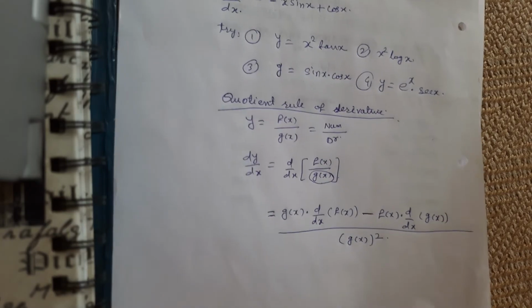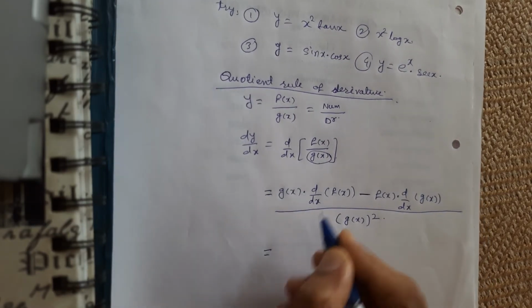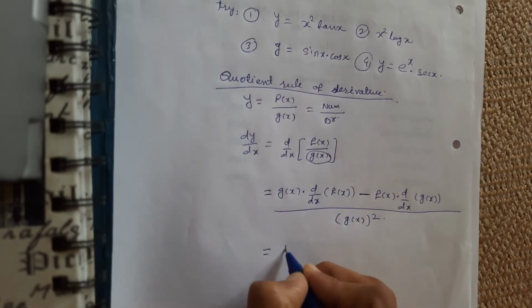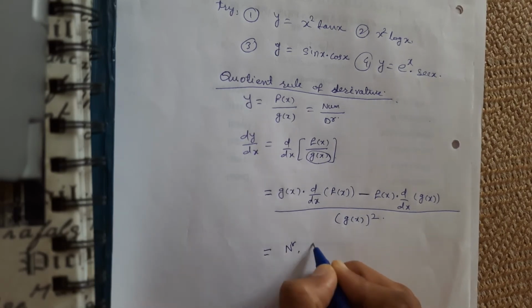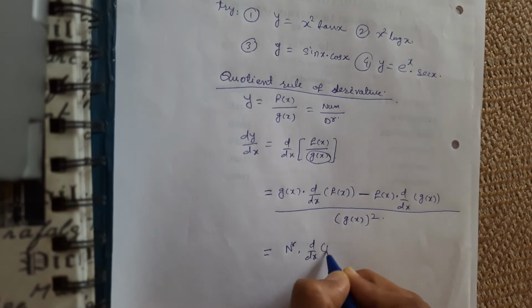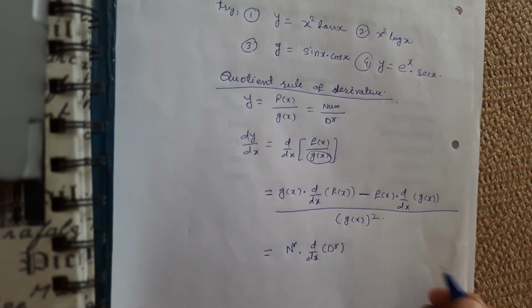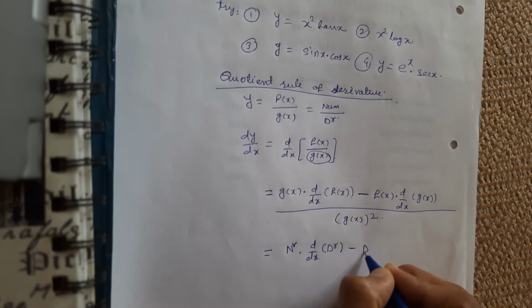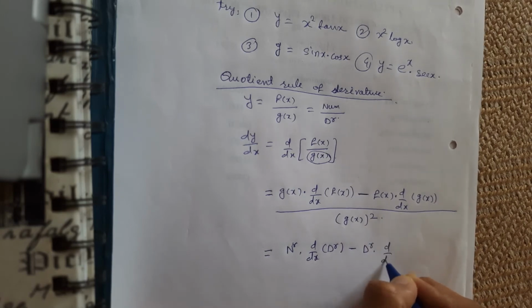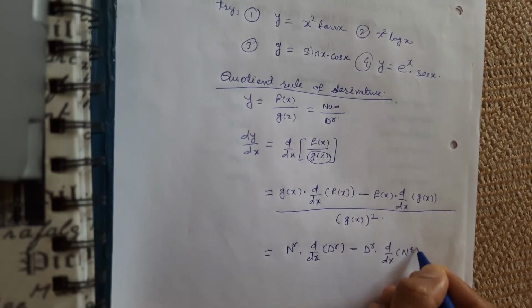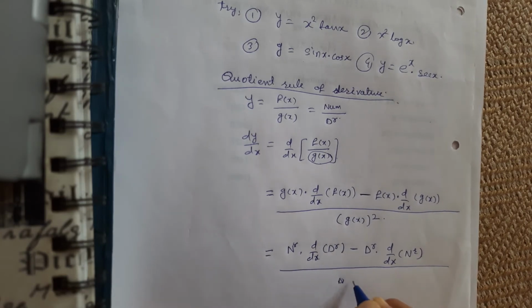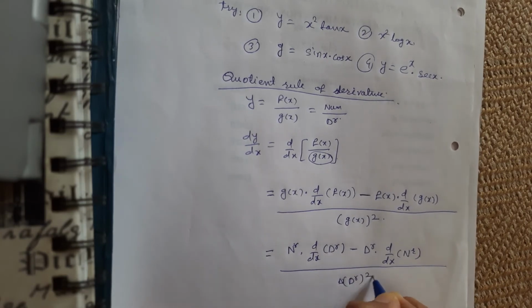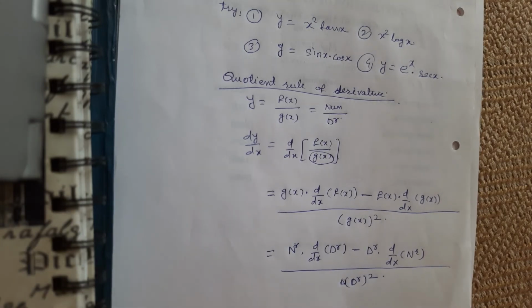That is the formula. Okay, if I want to write it in the form of numerator and denominator, then numerator multiply by derivative of denominator minus denominator into derivative of numerator divide by denominator square. That is the formula.